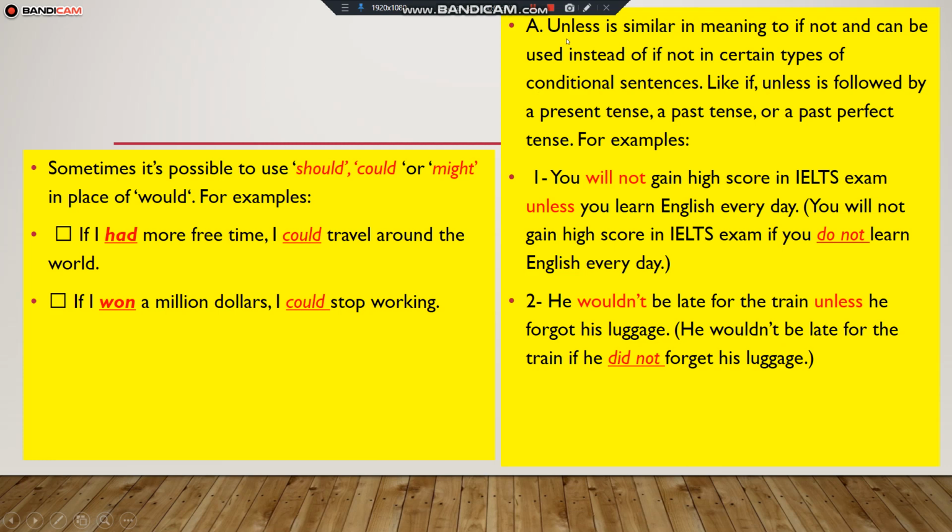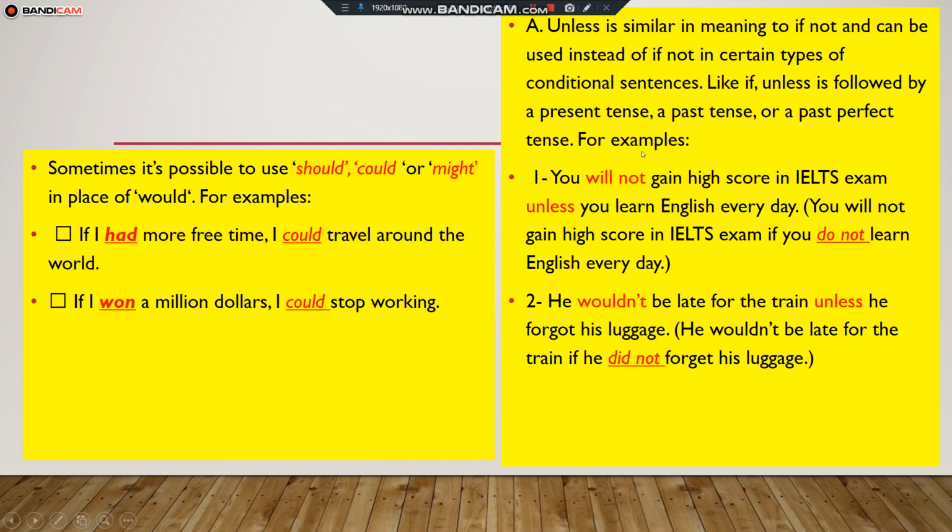Okay now we have unless. We can use unless instead of if not with if clause type 1, type 2 or type 3. You are not required to study type 3. Unless is similar in meaning to if not and can be used instead of if not in certain types of conditional sentences, where if or unless is followed by a present tense, past tense or past perfect tense.